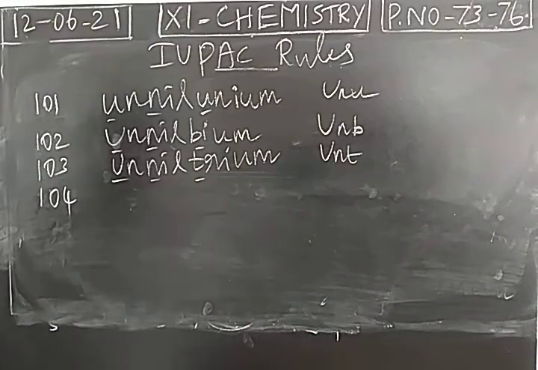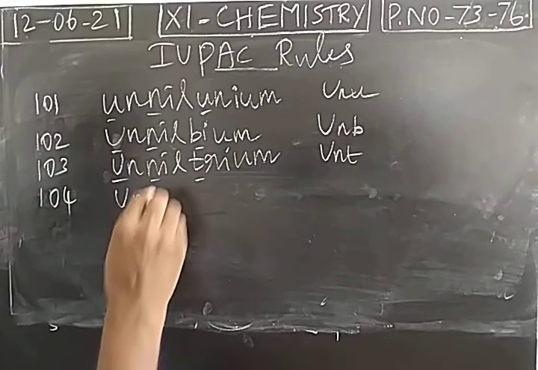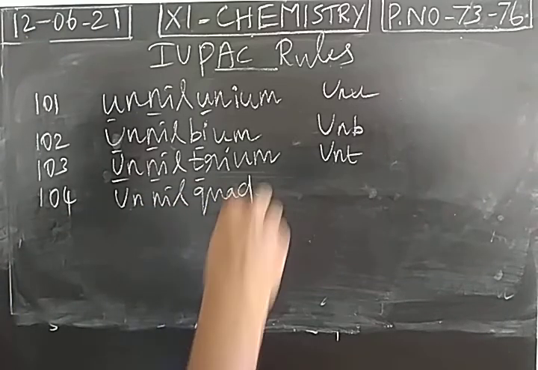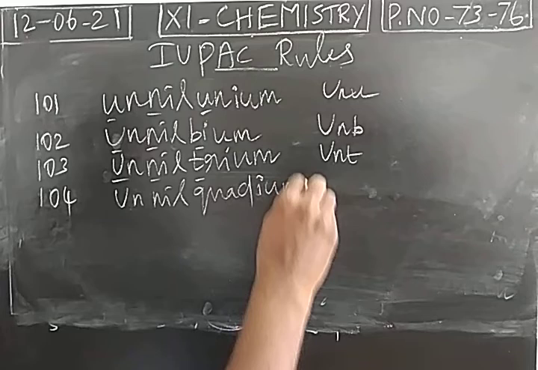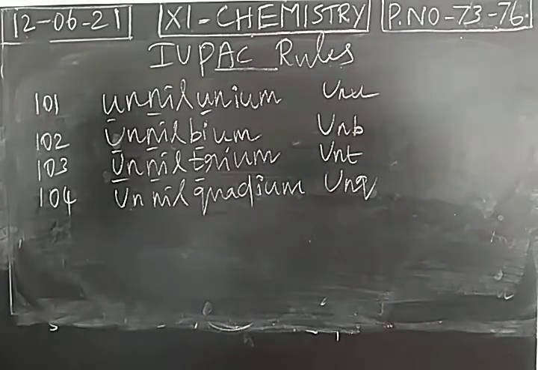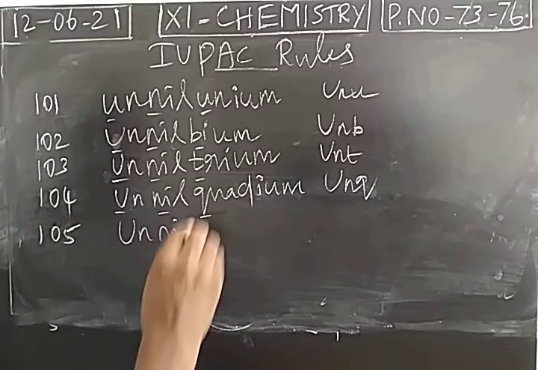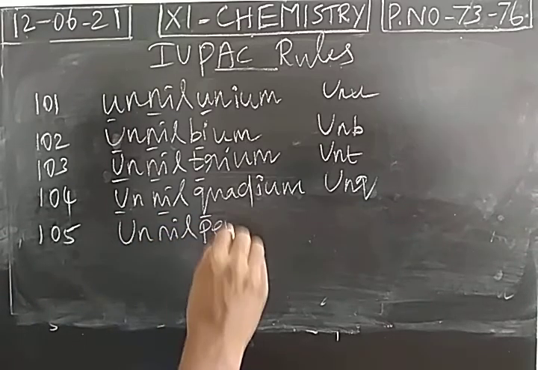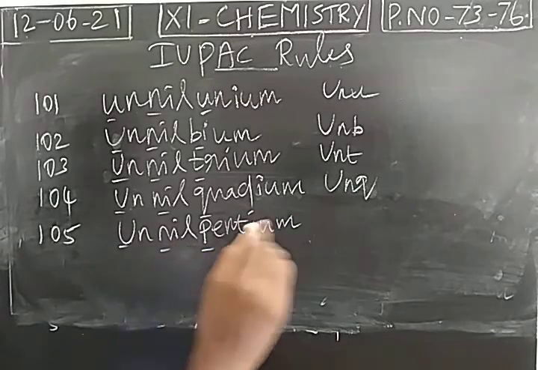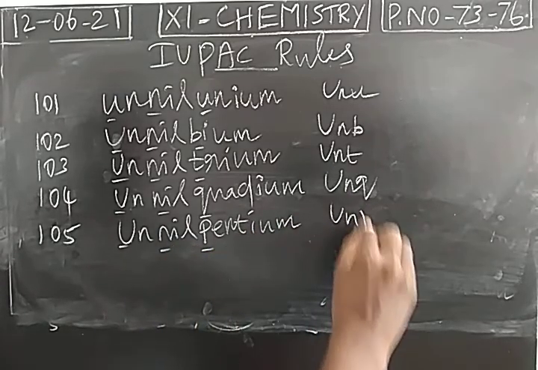Then element with atomic number 104: unnil, 4 means quad, suffix ium. Unnilquadium, symbol Unq. Element with atomic number 105: unnil, 5 means pent, suffix ium. Unnilpentium, symbol Unp.